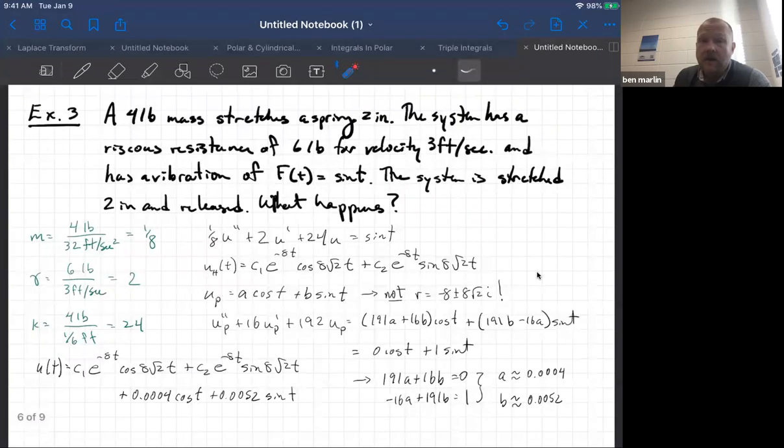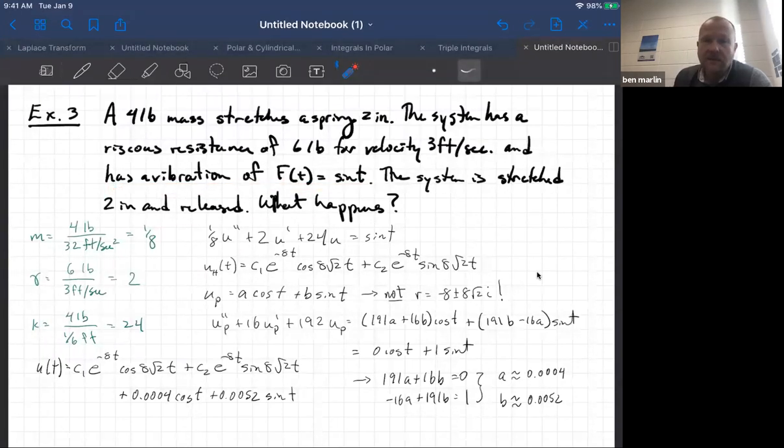Okay, so now we're going to make this do a little bit more. If you take a look at what I've got set up here, I have the same mass and the same spring. I have the same damping going on with it, but now we're going to have a vibration added.